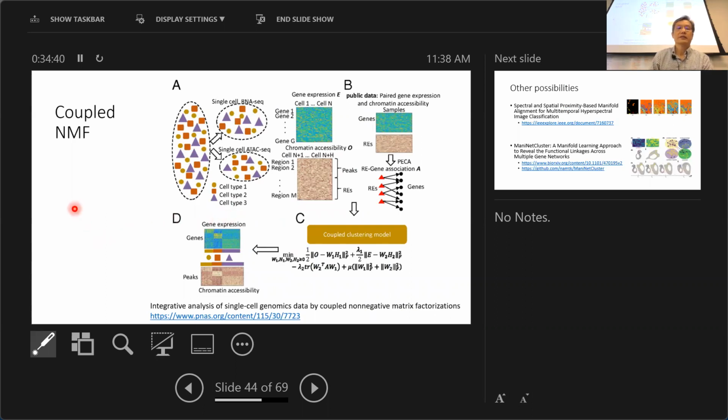The approach proposed in the manifold lab at Stanford is called coupled NMF, non-negative matrix factorization. So you consider two matrices at the same time. This is single cell expression, and this is single cell ATAC-seq. They try to do this NMF with shared parameters between the approximations of these two matrices.